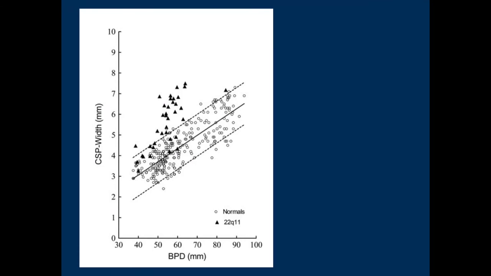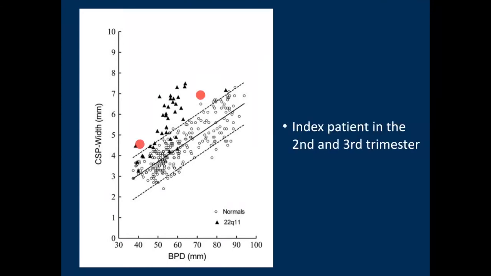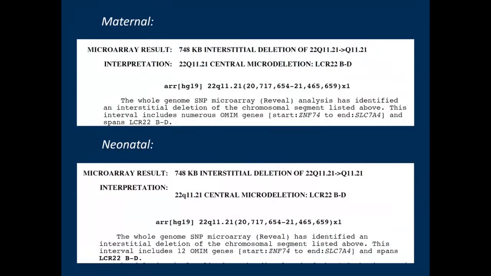The patient herself declined invasive testing, so we took one step back and plotted the BPD to cavum width in the second and third trimester and came up with these two values. So based on that alone, we made the assumption that this was most likely an affected fetus, which actually turned out to be exactly the case. When the neonatal array was obtained, it mirrored mom's deletion precisely. Thank you.